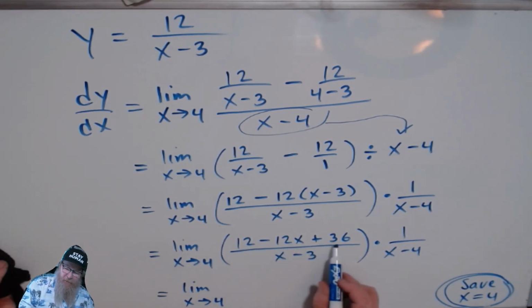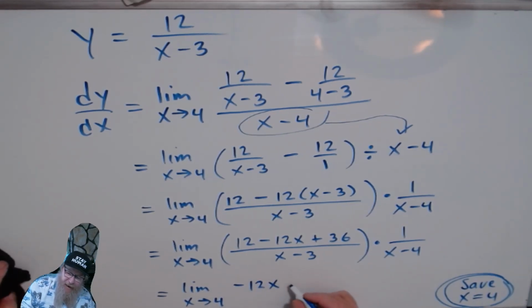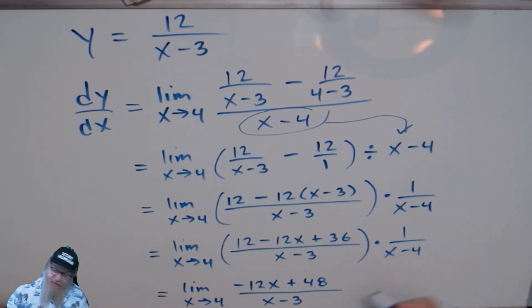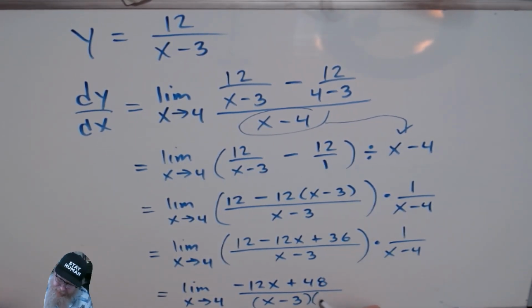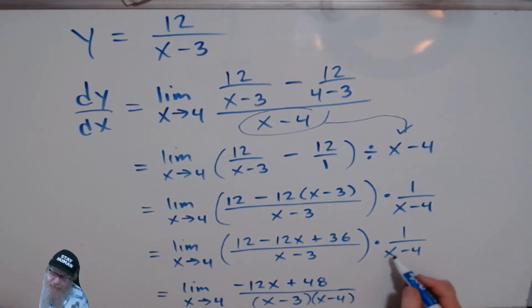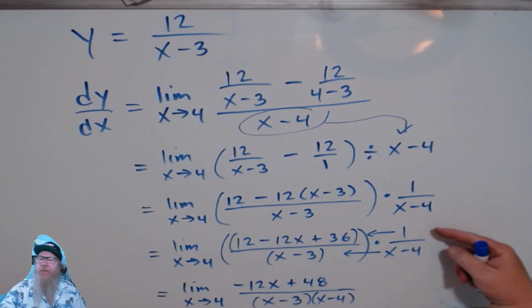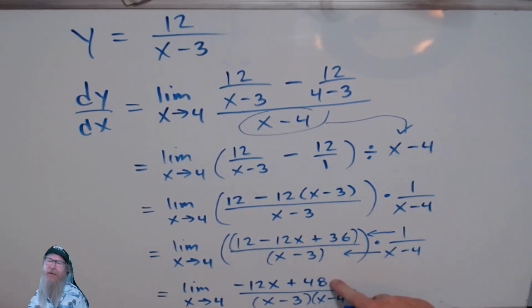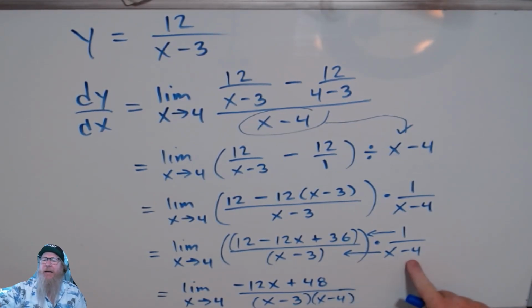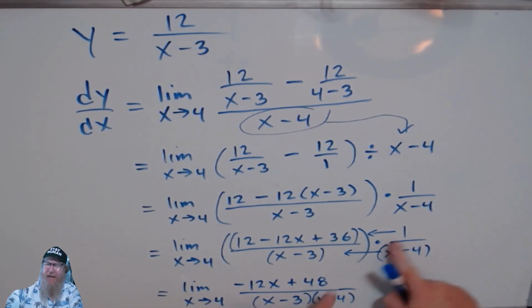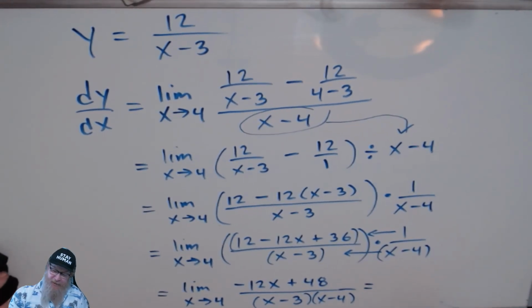So I've got 12 minus 12x plus 36, which is going to be negative 12x plus 48 over x minus 3. I'm going to go ahead and just put the x minus 4 back down here in the denominator. So in other words, I'm multiplying the top by 1, nothing happens to the top, and I'm multiplying the bottom by x minus 4, just so that I can get rid of this sidecar here.